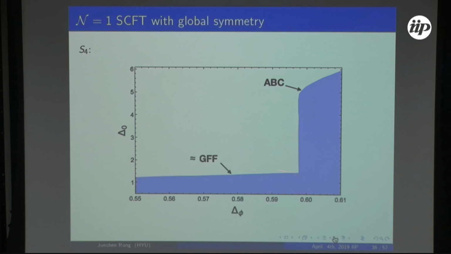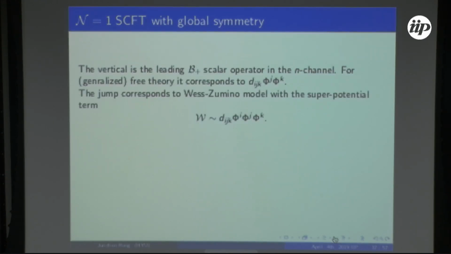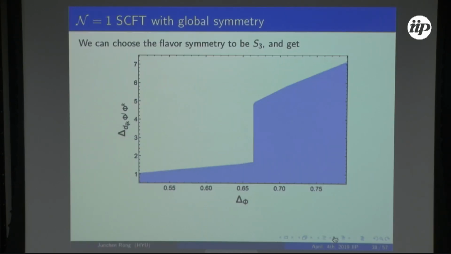There may be some interacting theory there, but their spectrum is not very different from generalized free theory. But as you meet the Wess-Zumino model point, that guy got eaten by the phi itself, and you have to get a much higher bound. That's a feature of the Wess-Zumino model. Okay.